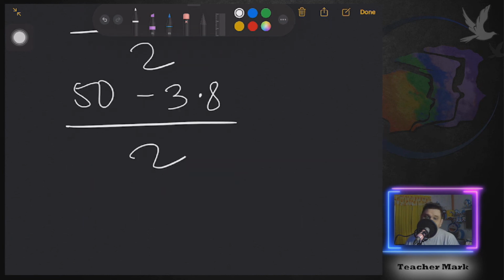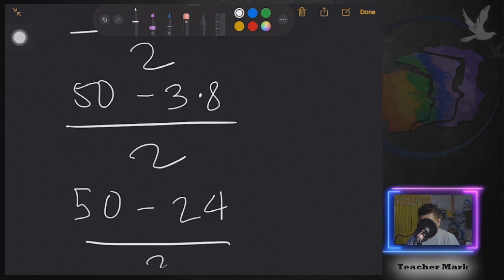So remembering again the MDAS rule or the GEMDAS rule, we have to do the groupings first if there are any exponents. If none, search for any multiplication process. So in this case, multiplication came first. So that's 3 times 8, which is equivalent to 24 over 2.